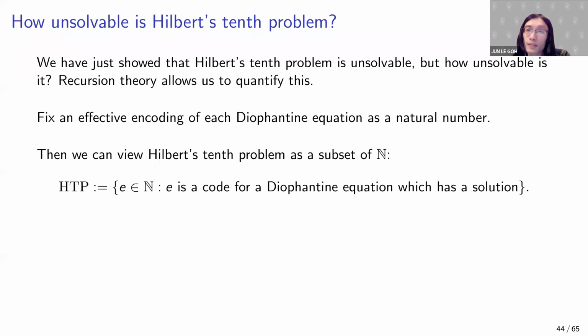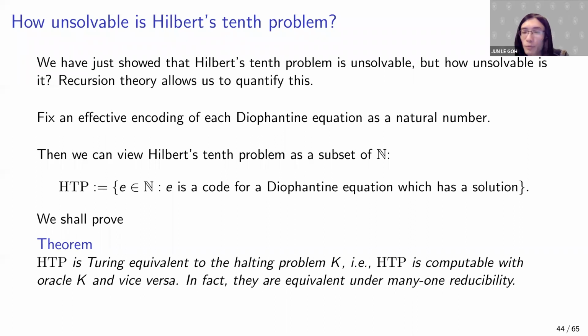Now we can study this set in the setting of recursion theory. What we'll prove is that this set, HTP, is equivalent from the computational point of view to the halting problem.